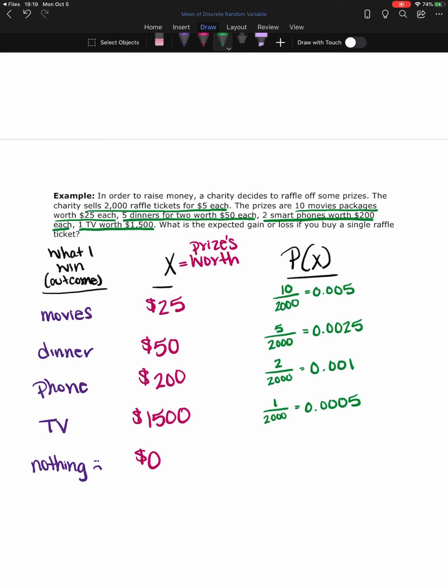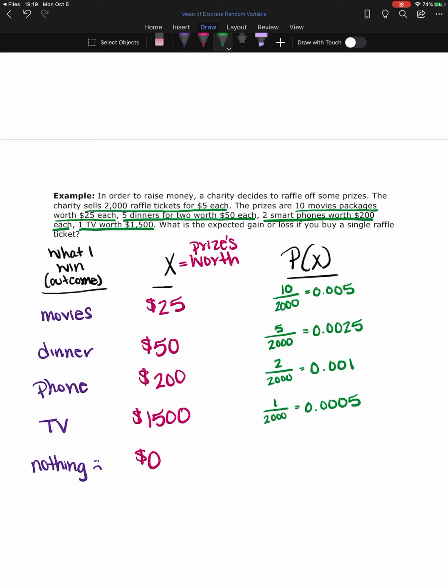Now I need to figure out what is the probability that I win nothing. Recall that for a discrete probability distribution, the probabilities must sum to 1. Right now, we do not have a sum of 1. We have a sum of 0.005 plus 0.0025 plus 0.001, and so on.